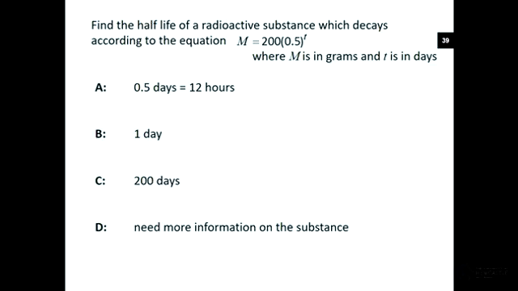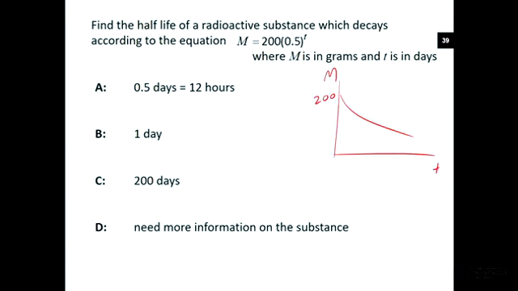Now look at that thing, it says mass equals 200 times a half to the t. So initially I'm picturing this thing. Again, we don't have to sketch them, but I like to just picture in my head mass versus time. It's starting at 200 and it's clearly going downhill. Can anyone see that? I'll get rid of D. There is enough info there to answer this question. What its half-life is. How long will it take for this thing to halve itself?